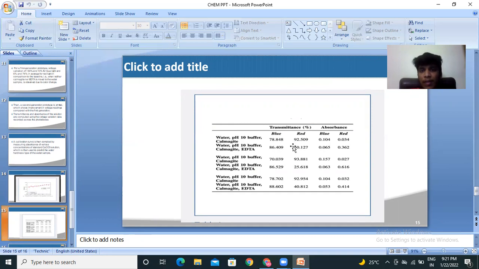The red transmittance for calmagite is 92.509, and for EDTA it is 50.127. The calmagite absorbance in blue is 0.104, and the EDTA absorbance in red is 0.034.